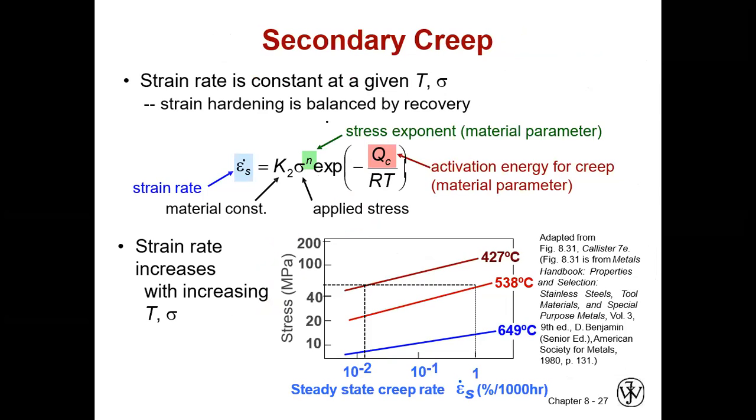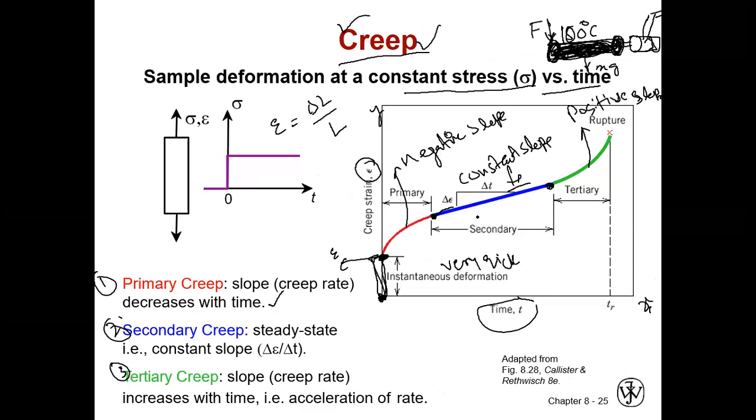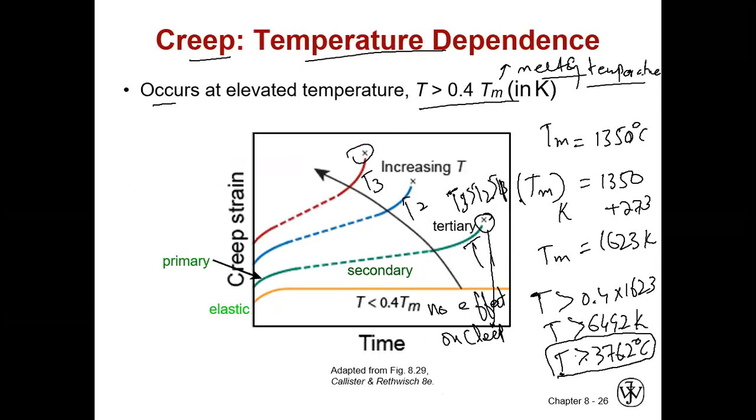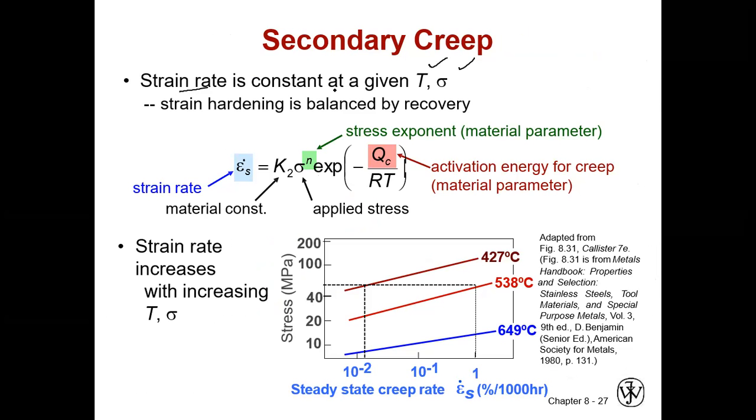Okay, so for the secondary creep, we can say that the strain rate is constant at a given temperature and stress, right? And strain hardening is balanced by the recovery. So you see that there is a constant slope line, right? Constant slope means that the strain hardening is balanced by the recovery.